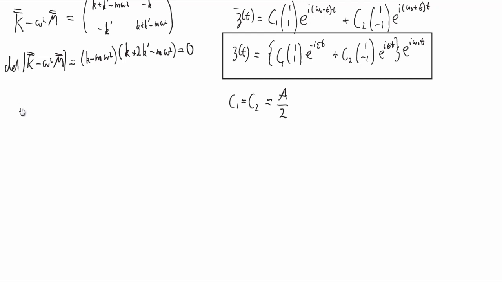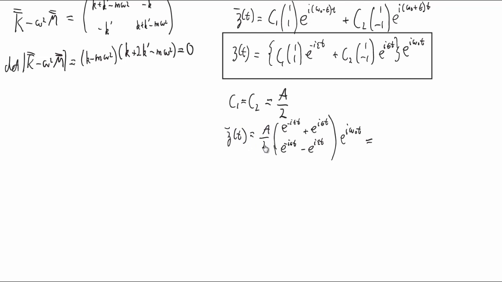So if that's the case, then we know that z of t equals A over 2 times e to the minus i epsilon t plus e to the i epsilon t for the first component, and the second component is e to the minus i epsilon t minus e to the i epsilon t, multiplied by e to the i omega naught t.